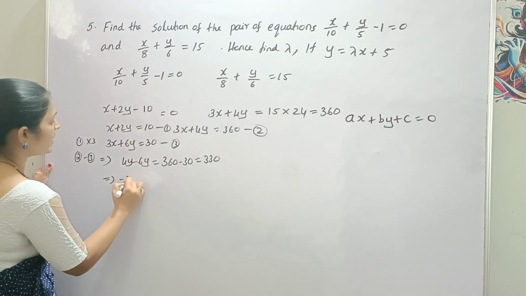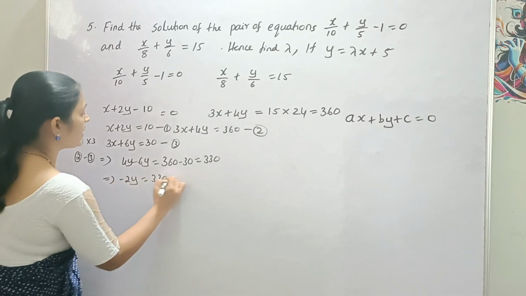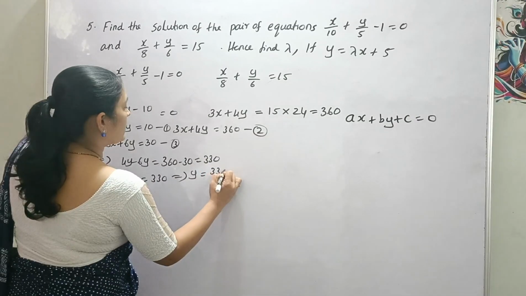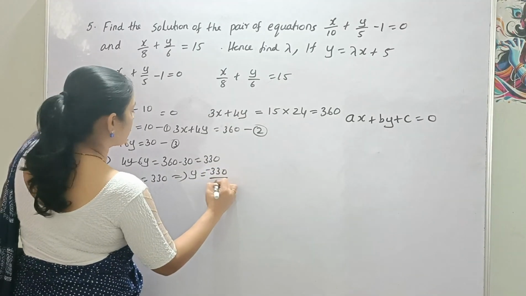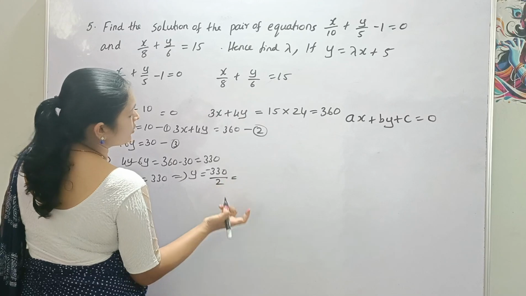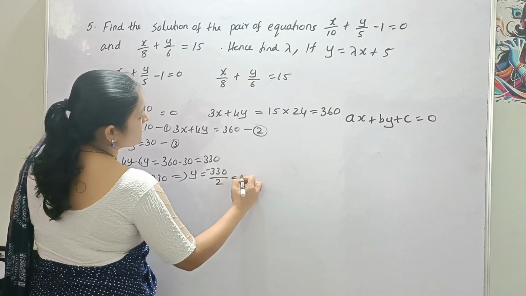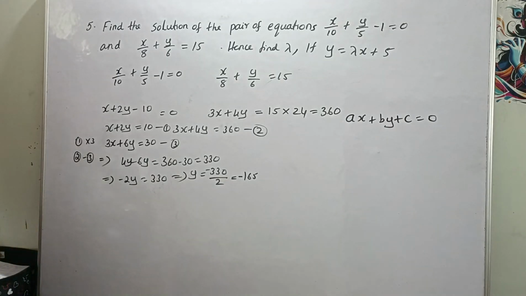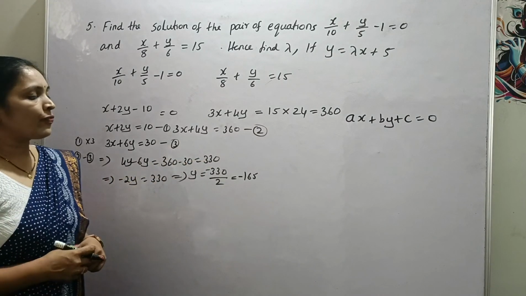That is minus 2y is equal to 330. That implies y is equal to minus 330 divided by 2, that is equal to minus 165. Now we have got the value of y.